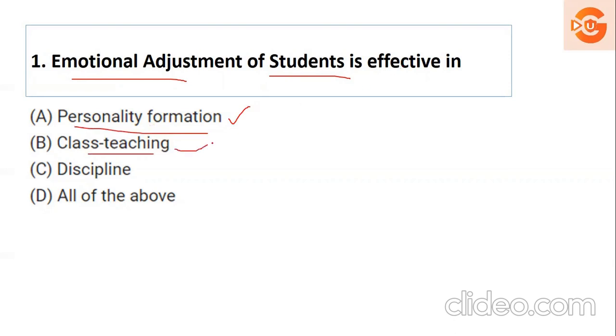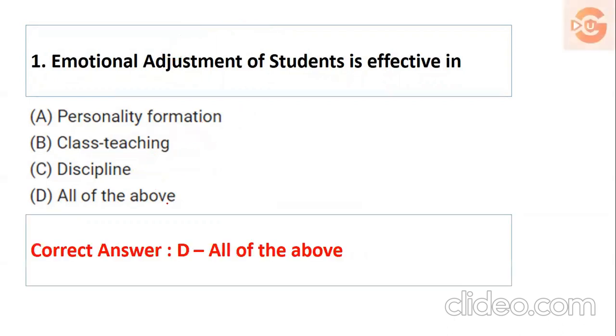Class teaching, yes. To inculcate discipline within the students, yes. All of the above. So if you're talking about emotional adjustment, this effectiveness can be seen in all: personality formation, class teaching, discipline. So the answer for this question is option D, that is all of the above.